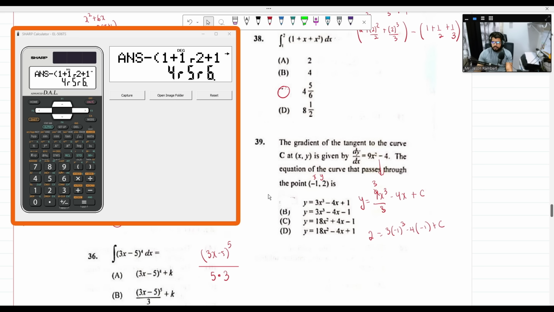Work out the constant c now. 2 is equal to, minus 1 cubed is minus 1, so this is minus 3 plus 4 plus c. Minus 3 and 4 is 1. Move the 1 across. 2 minus 1 is equal to c. And I get c to be equal to positive 1. So I'm looking at 3x cubed minus 4x plus 1. The answer is E.